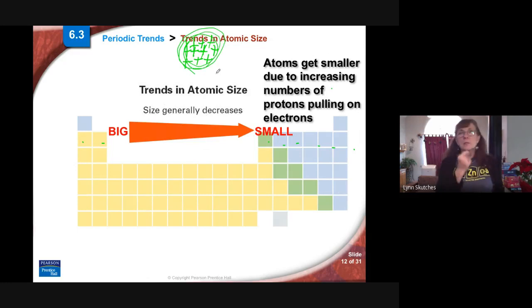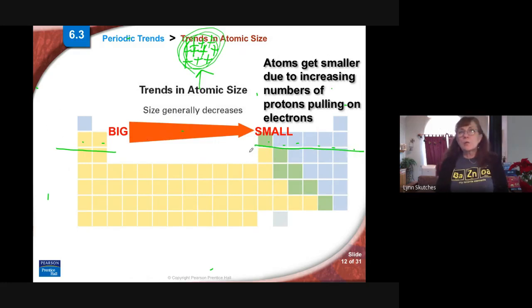Okay, the nucleus' size is pretty consistent atom to atom. They're all those protons hanging out together with neutrons. The electrons are randomly floating around out here. This magnet, if you will, of the nucleus is getting larger as you go from left to right.